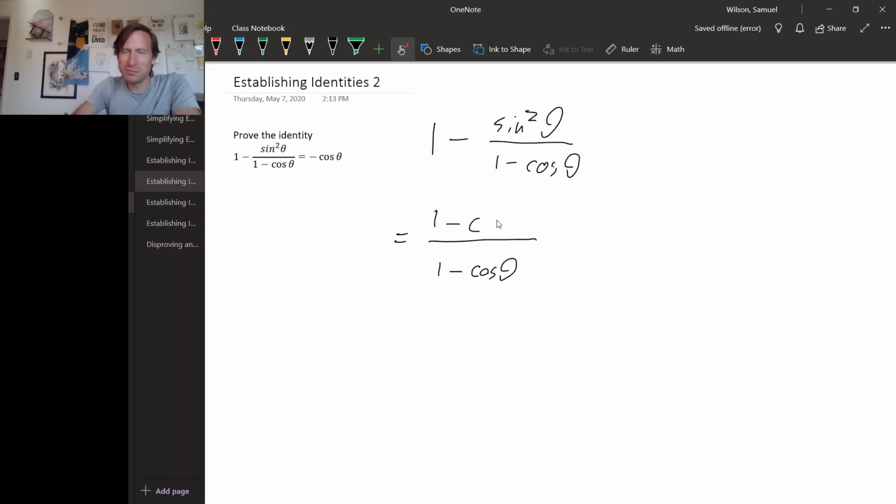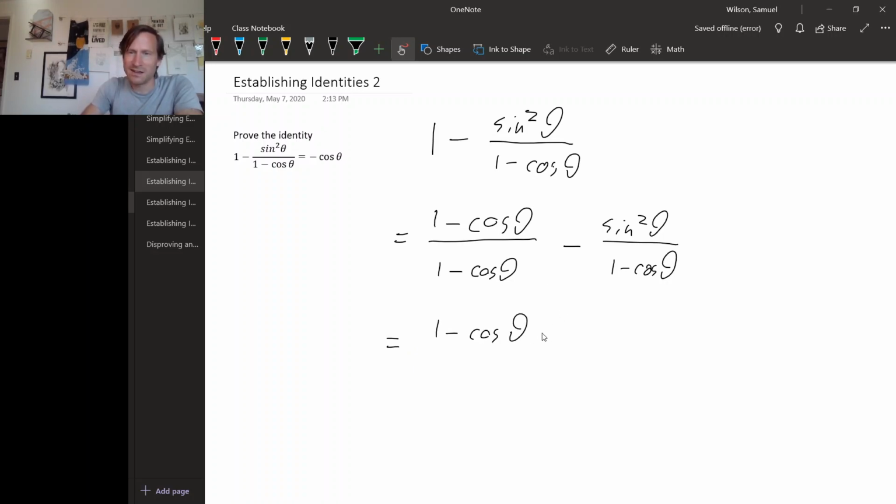So we get 1 minus cosine theta over 1 minus cosine theta minus sine squared theta over 1 minus cosine theta. Now we can actually do this subtraction. So 1 minus cosine theta minus sine squared theta all over 1 minus cosine theta.